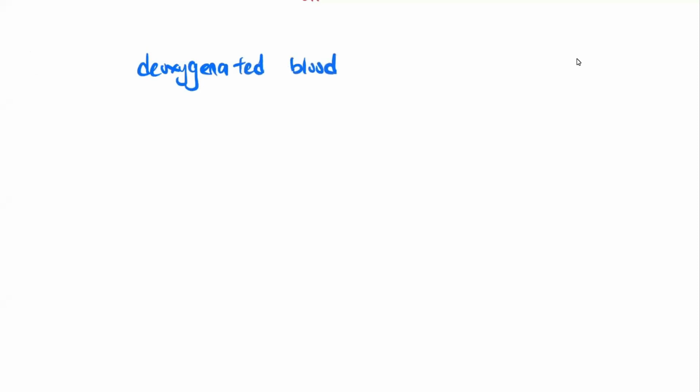The one that I write in red color is carrying the oxygenated blood. Okay, so you can put down the diagrams at the last page. Okay, so the last page is the empty space.